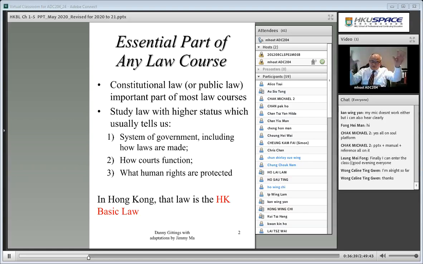This is the system of government provided by the Basic Law in Chapter 4.